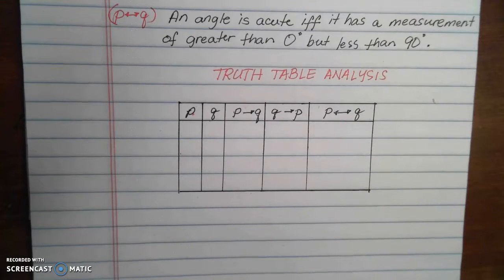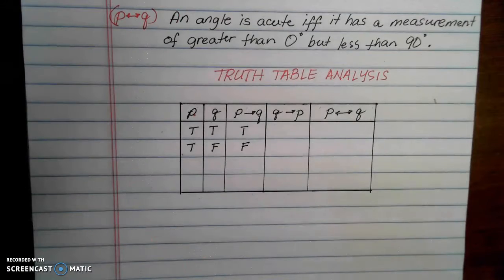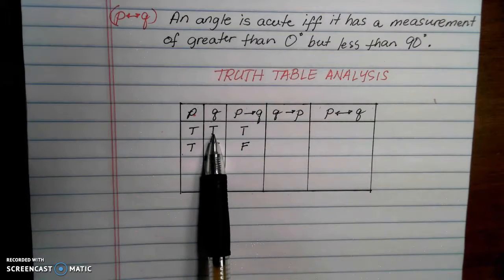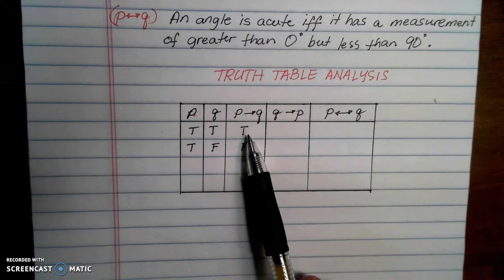Let us analyze the truth table for a biconditional statement. Go ahead and copy the table and try to fill it out with its truth value. Then we will discuss it together. Okay, let me see. If P is true and Q is true, the conditional statement P then Q is true.